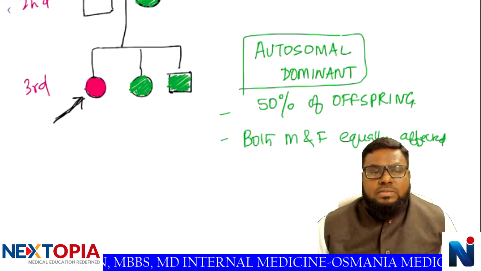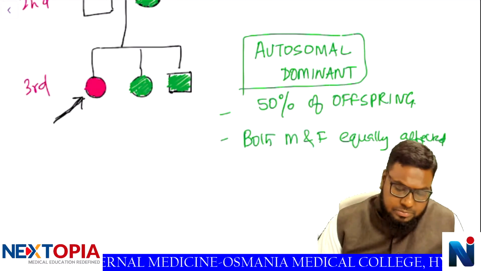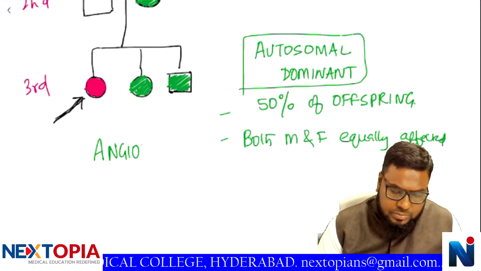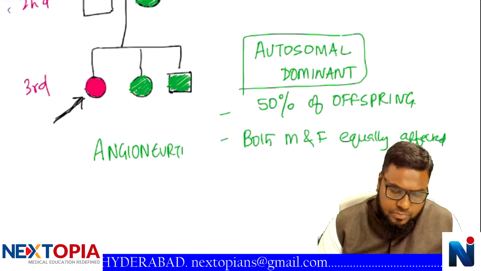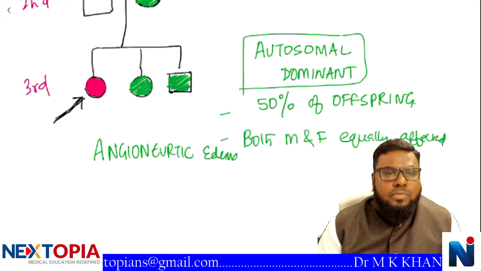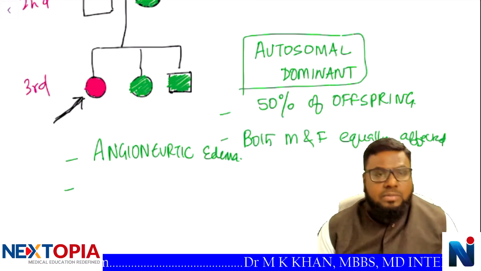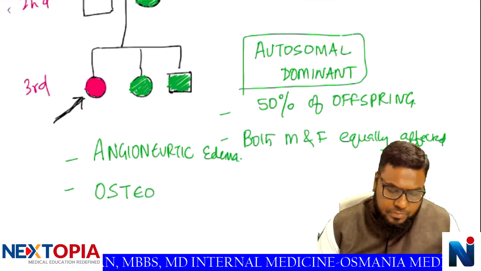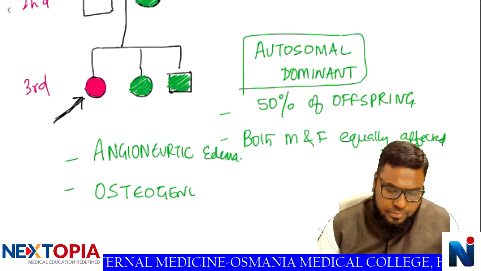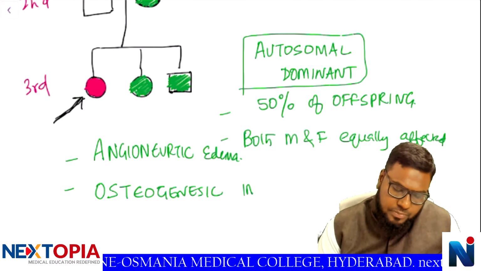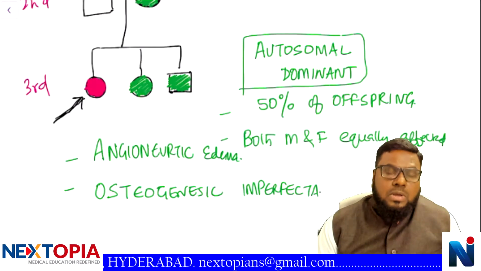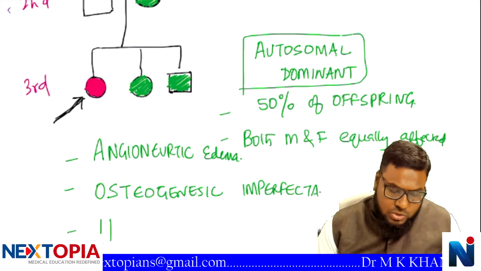Alright, examples for the autosomal dominant trait are hereditary angioneurotic edema, then osteogenesis imperfecta, then we have got HOCM.